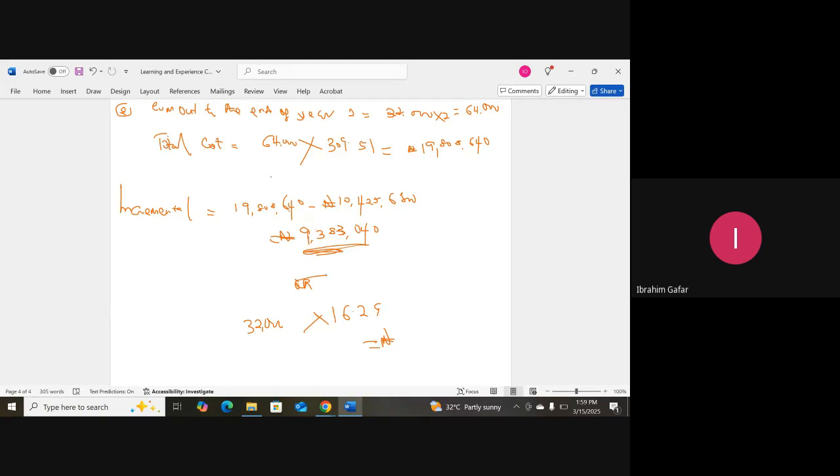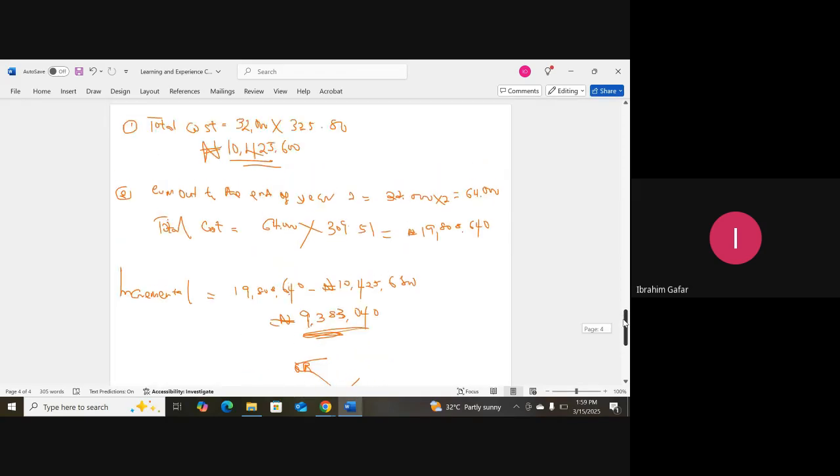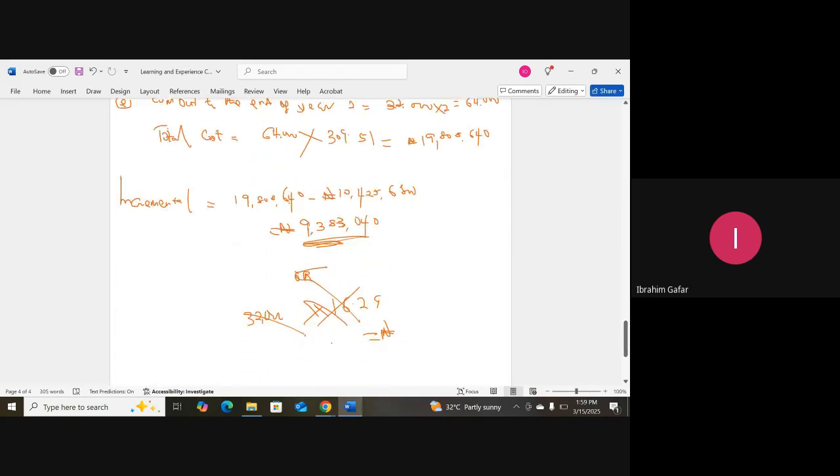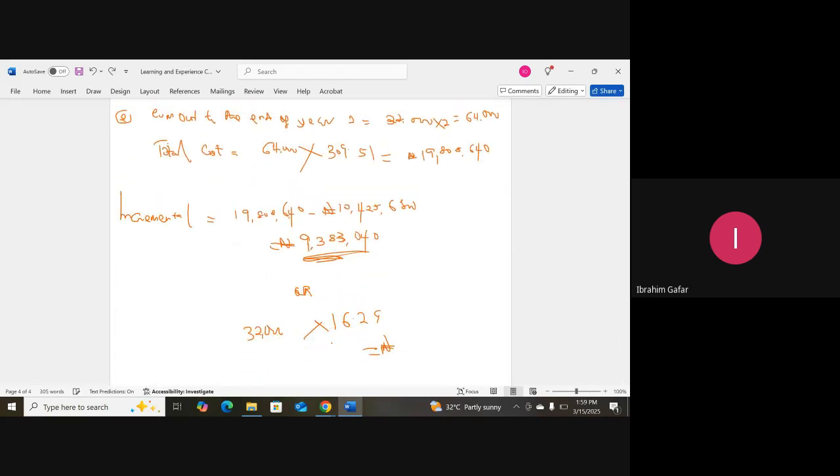I'm calculating the incremental hour, on the output. So this one will not work. It is the incremental cost I got, but what I'm doing now is the incremental hour. So this is the incremental cost.